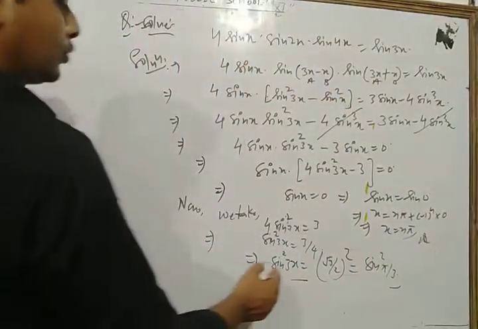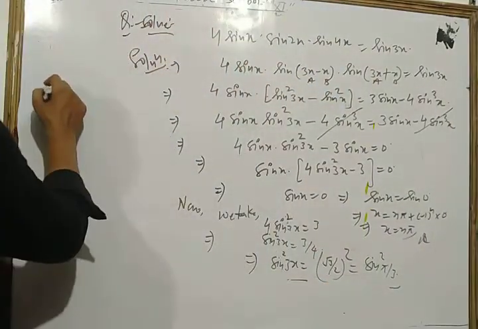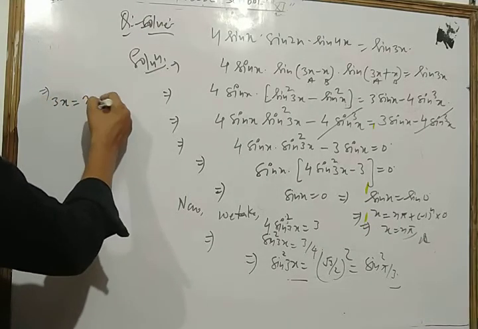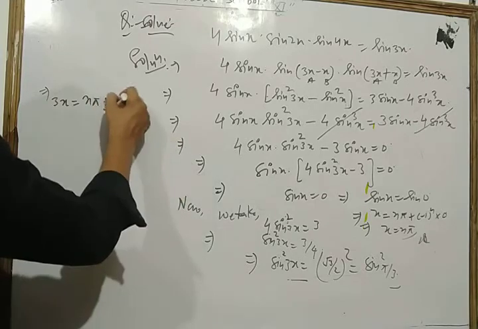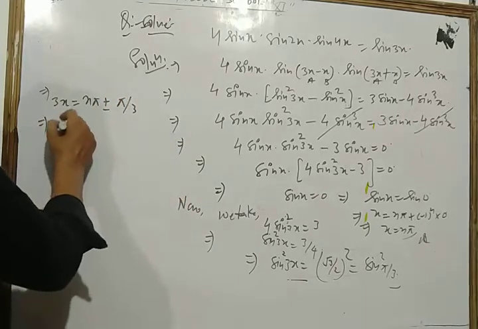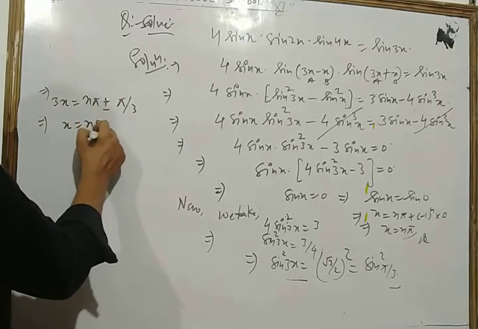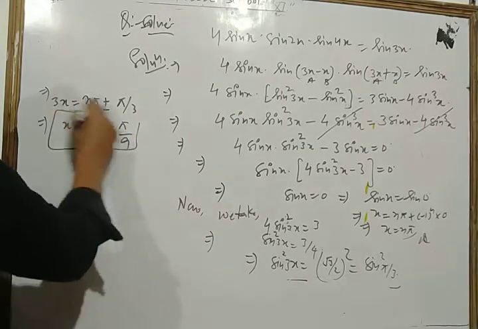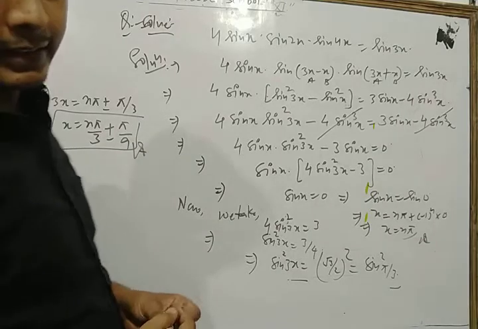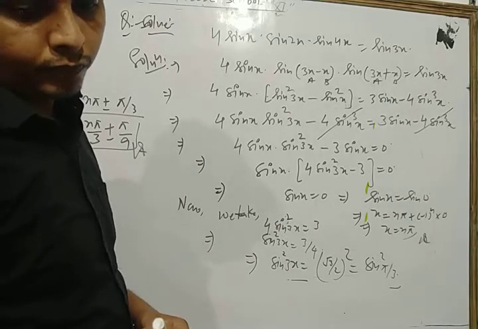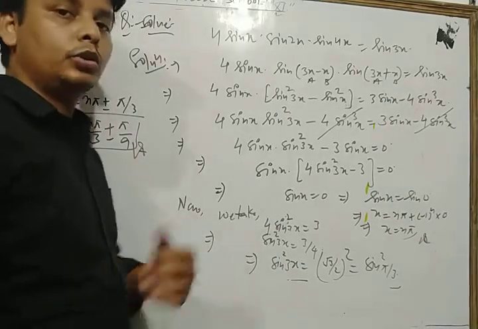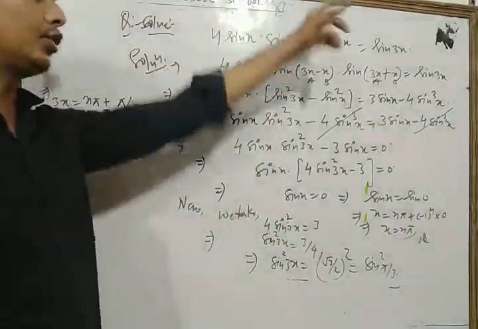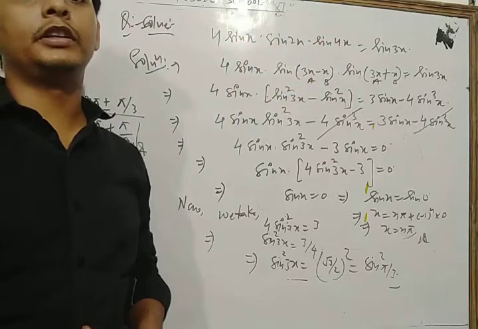So sin²x is equal to sin²α. So we get 3x is equal to nπ plus minus α as π by 3. So we get x is equal to nπ by 3 plus minus π by 9. This is another answer. So dear students, in this way we can solve that type of trigonometric equations.